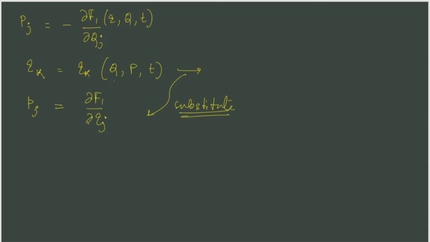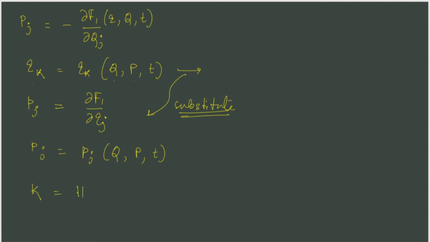If you substitute it here, then after substitution these pj's will now be a function of q's and p's, because you already substituted small q, you have written small q in terms of capital Q and capital P, the new coordinates. So the right hand side you can do the same. So once you have the old coordinates expressed in terms of the new coordinates, then it is straightforward.